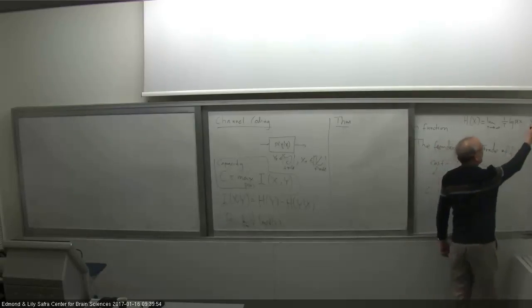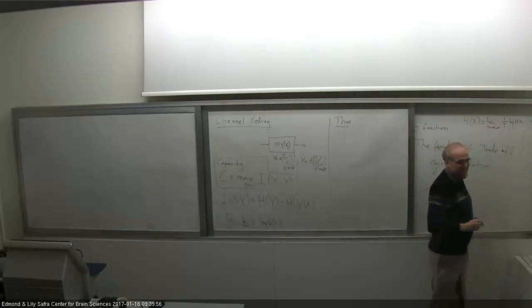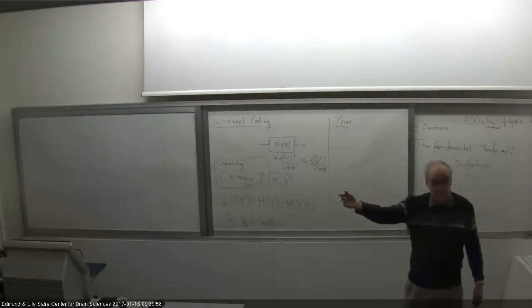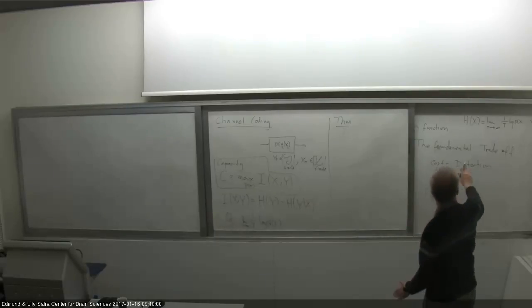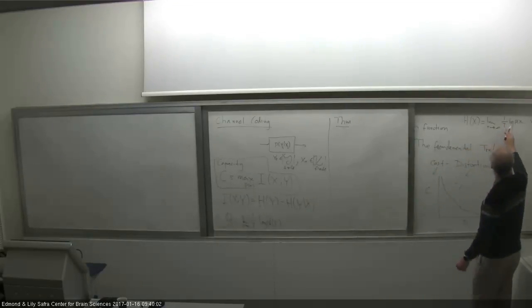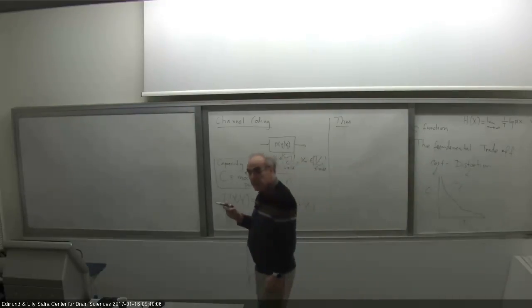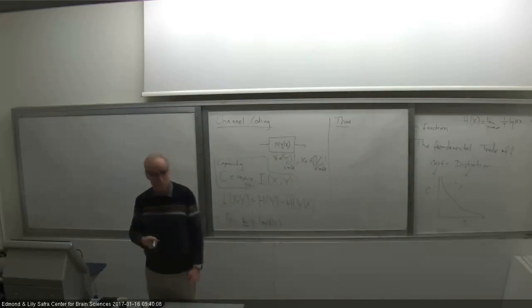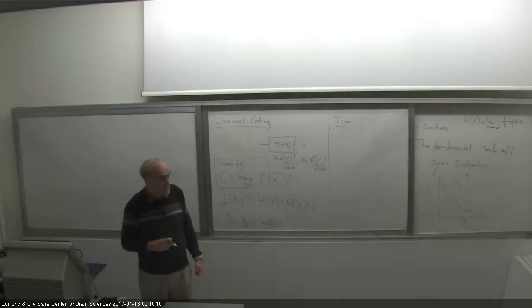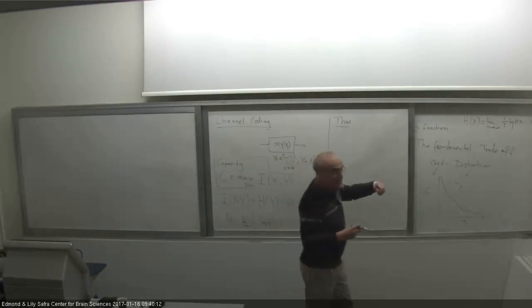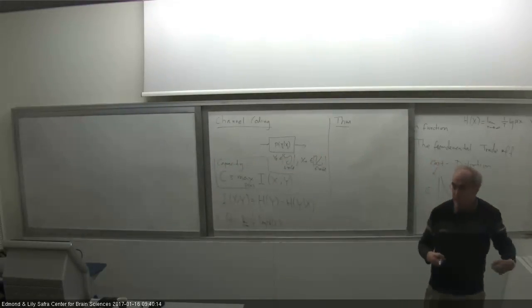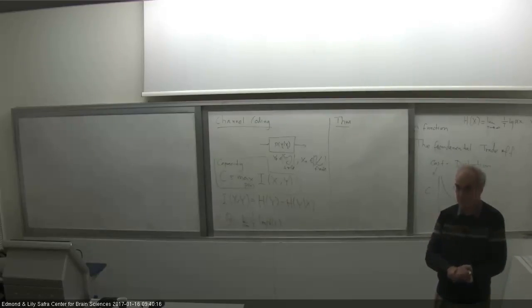Now, since time is discrete, t is essentially the number of time steps I sent, and this limit is divided by t. If you think about t as time with dimensions of time, then this is a rate per unit time. So this is essentially how many symbols I generate in my source per unit time.